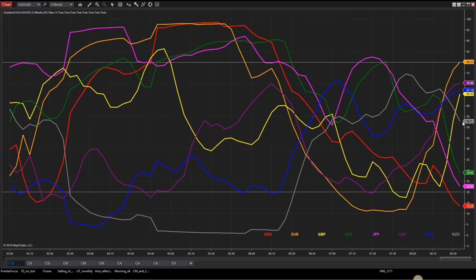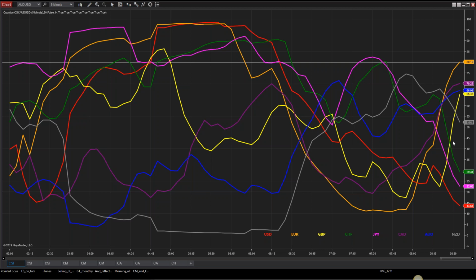And as you can see here, the New Zealand Swiss is starting to dive. So euro New Zealand, there's a nice cross there. You'd be looking at that as well. The key thing you've also got to look at when you're looking at the currency strength indicator is where these crosses appear and therefore how much potential there is in the trade. And obviously you're going to use this in context with the chart.